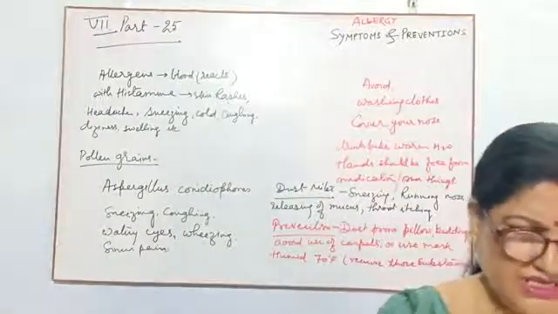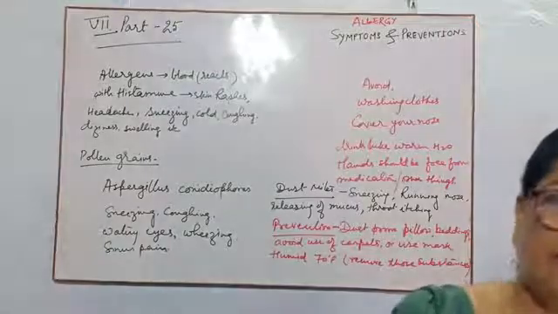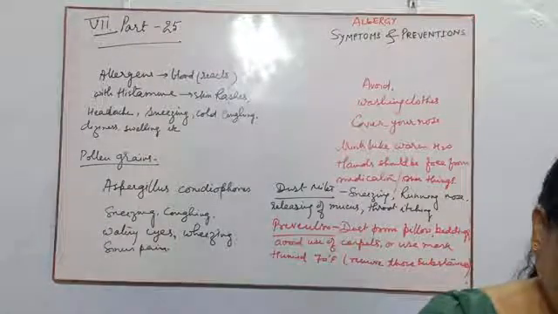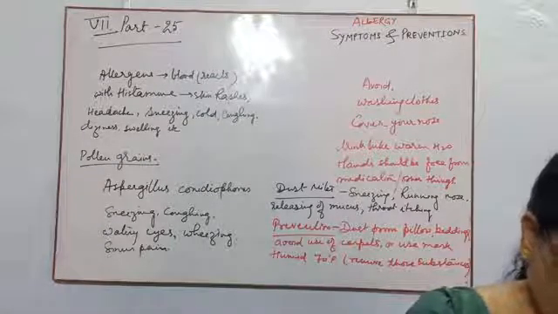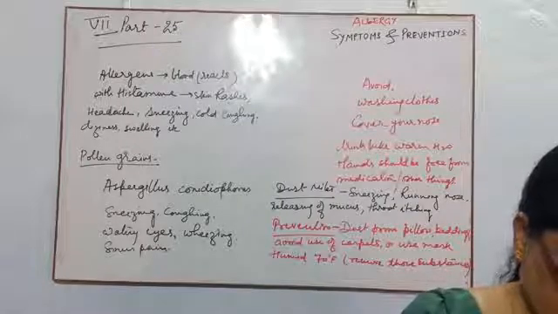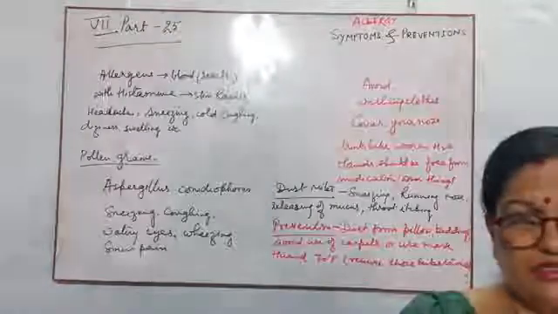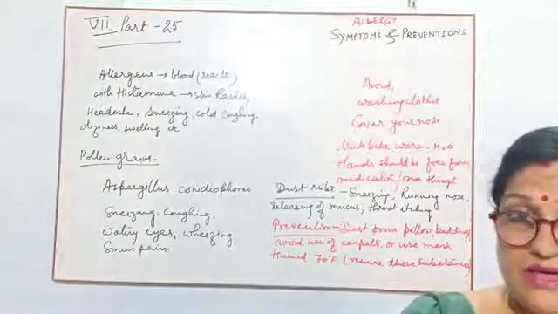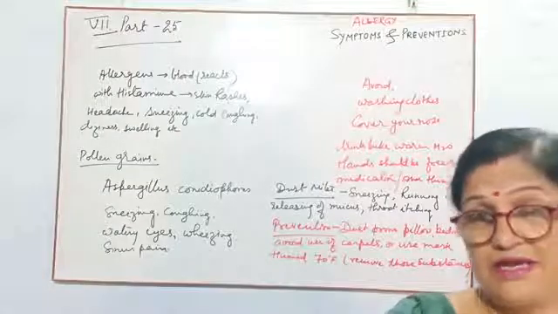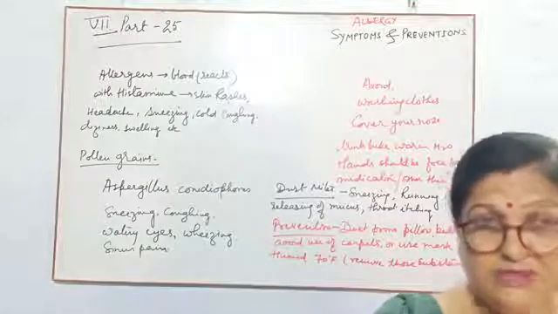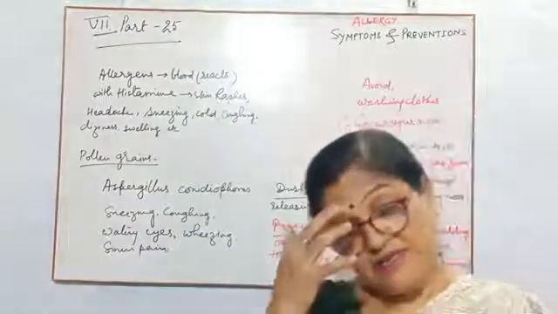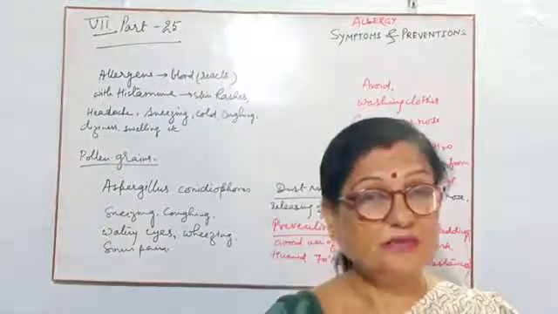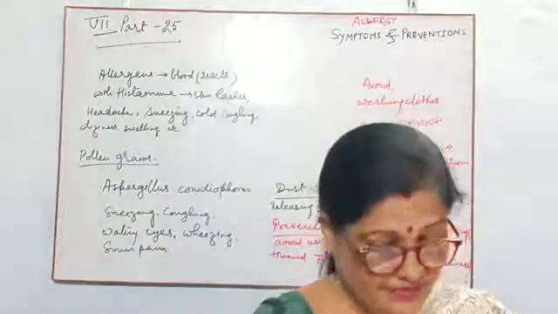So these are very small, microscopic organisms, and mostly the waste released by the dust mite creates some allergic reaction. Not the dust mite itself; the waste material released by the dust mite creates the allergy.